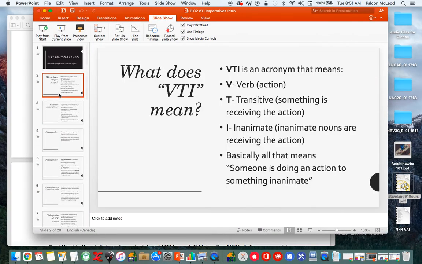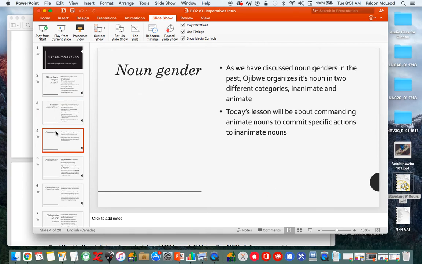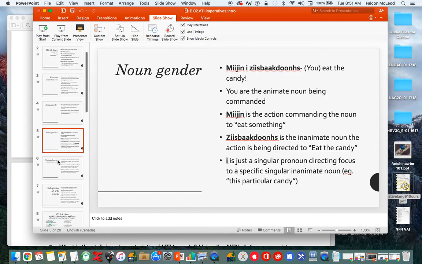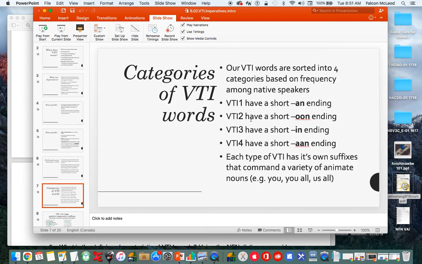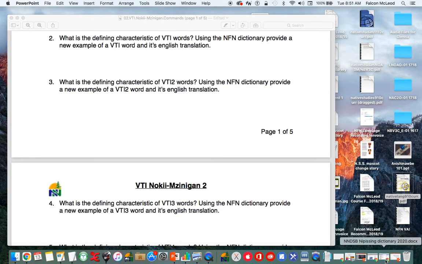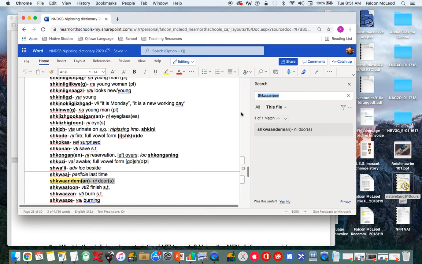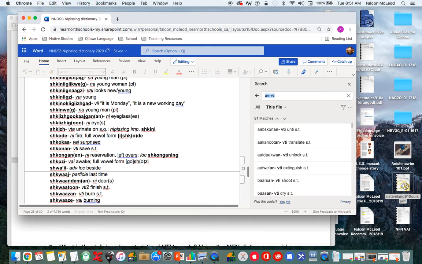So let's see here. All right. So VTI ones, they have a short AN ending. So we need a new word with a short AN ending. So you can go AN space VTI. We'll see what comes up here.